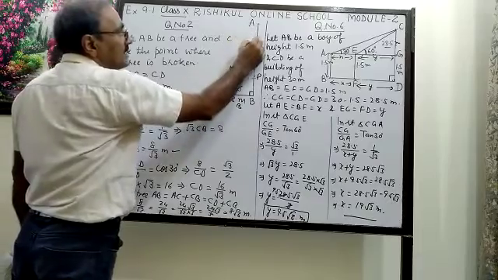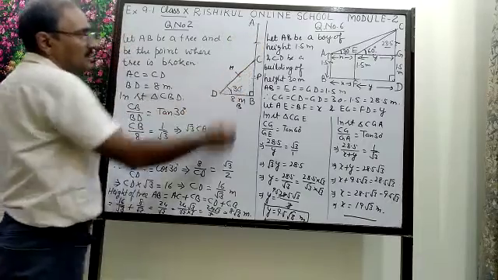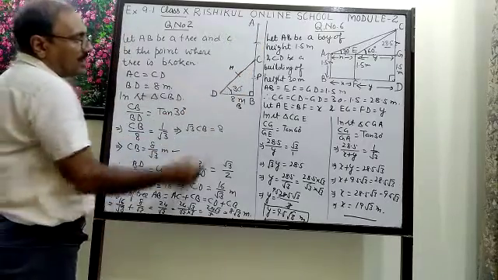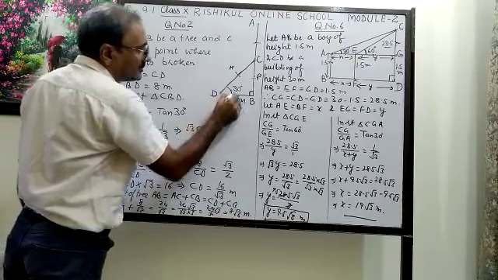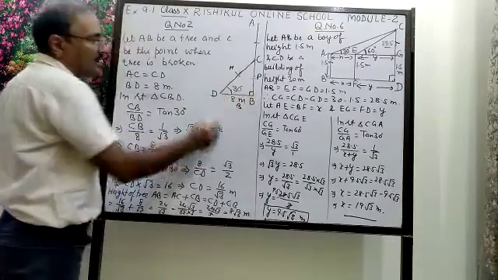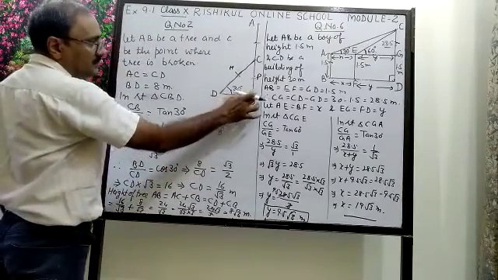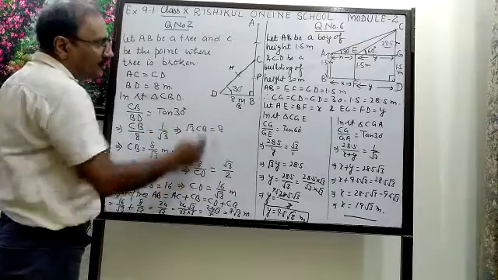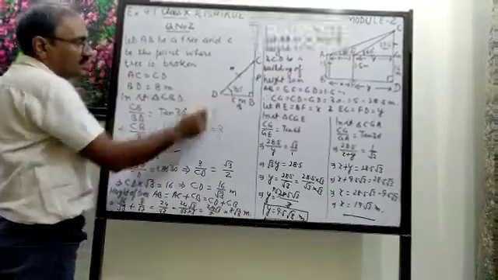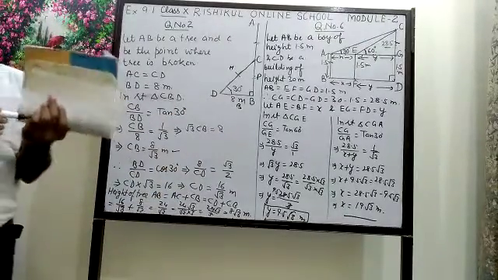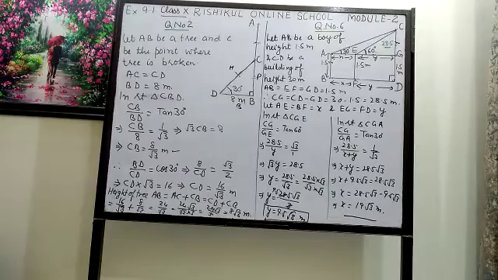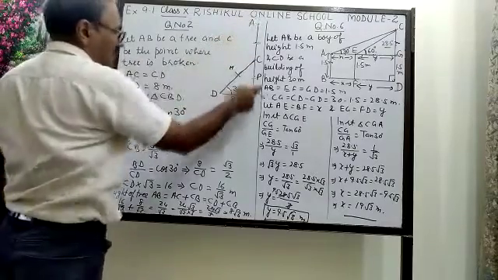So you can say that AC is equal to CD and makes an angle of 30 degrees with the ground, and the distance between the foot of the tree and the point where the top touches the ground is 8 meters. The question is, how can you find the height of the tree?